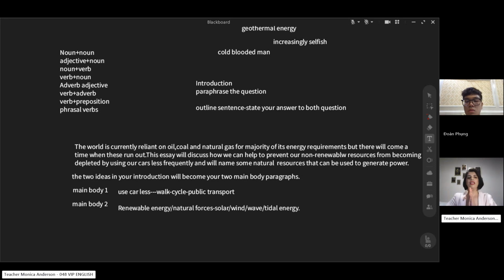That's really important. Your main body contains three things. Number 1, topic sentence: state your answer. Number 2, explanation: develop the idea. Number 3, example: give an example.